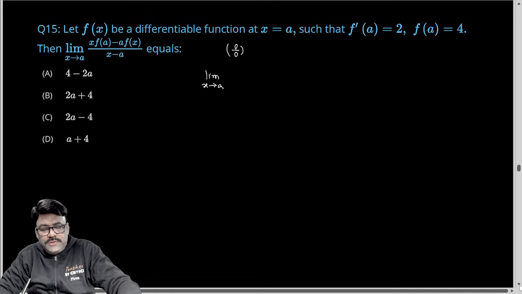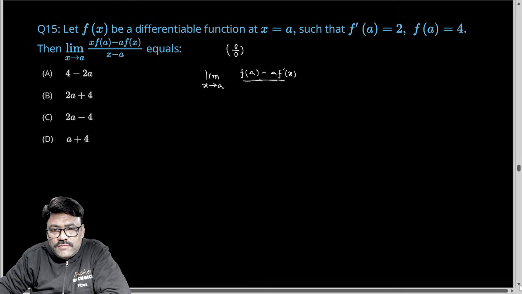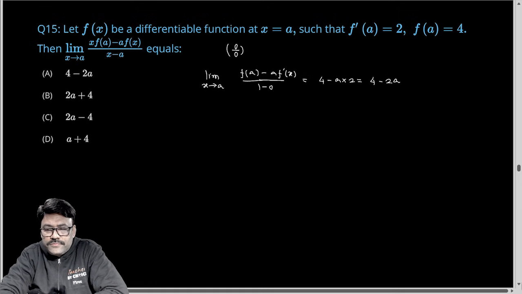And if I use L'Hopital's rule here, I will get f a minus a f dash x, meaning I'm just differentiating numerator and denominator with respect to x. 1 minus 0. f a is 4, a, f dash a is 2. So hence your limit is 4 minus 2a. Very easy option.